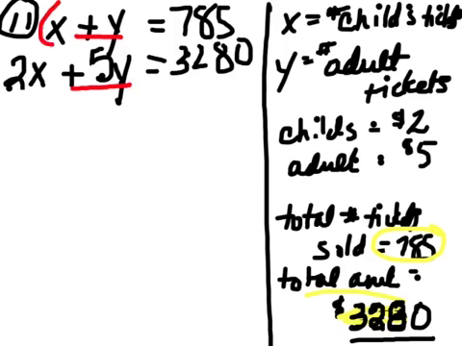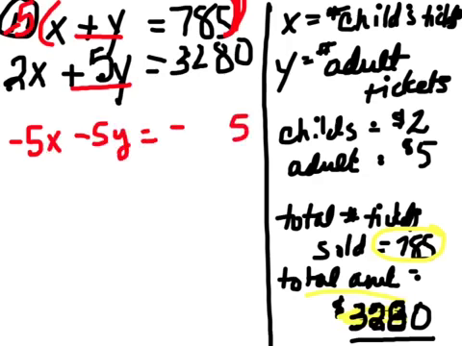So since I want a minus 5 in front of that first Y, I'm going to multiply everything here by negative 5. So that first equation becomes negative 5x minus 5y is equal to, oh boy, it's going to be a negative number, and I don't have a calculator, 5 carry 2, 40, and 2 makes 42.